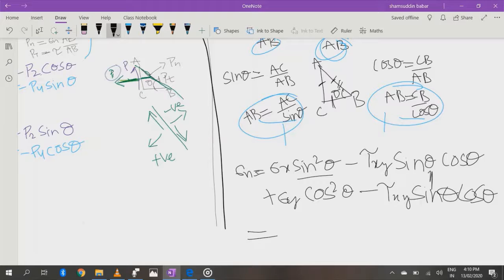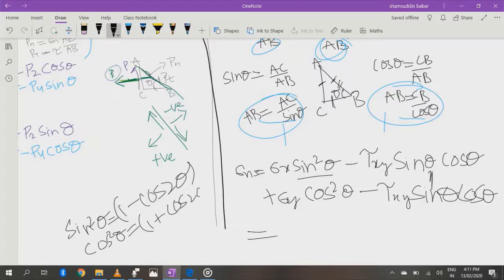I know that sine square theta is equal to 1 minus cos 2 theta, and cos square theta is equal to 1 plus cos 2 theta, and I will add both of these.